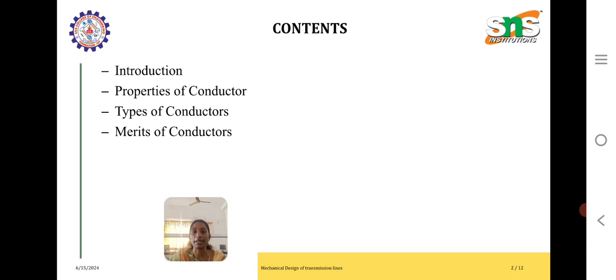Conductors play a major role in transmission, because through conductors only we transmit electrical power. The main thing is what type of conductor we are going to use, what the properties of the conductor are, and what the merits of that conductor are. We have many types of conductors, which we have already learned in 12th standard.